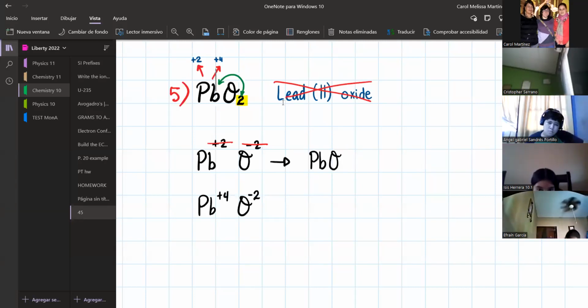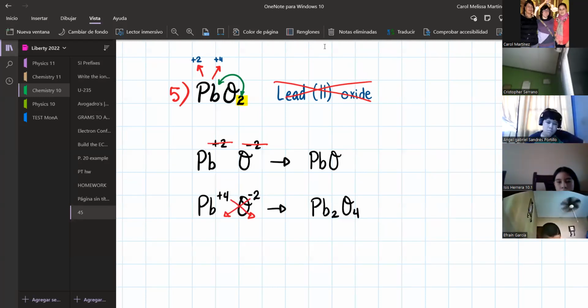So I'm going to try with my second possibility for lead, that is lead 4. When this occurs, we need to crisscross the charges, and the compound formed will be lead, with the 2 that is coming from oxygen, and the 4 that is coming from lead.